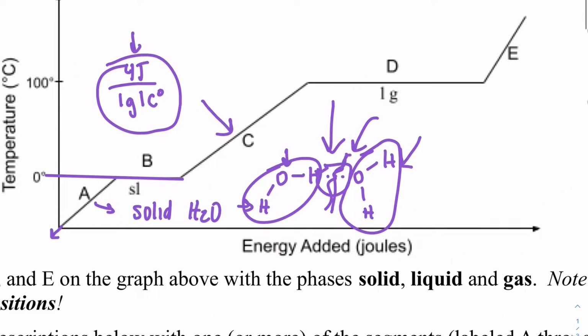Once you get to 100 degrees here, all the rest of the hydrogen bonds will be broken. When you go from solid to liquid, some of the hydrogen bonds are broken and the water molecules can start moving past each other, and that's what makes water liquid.